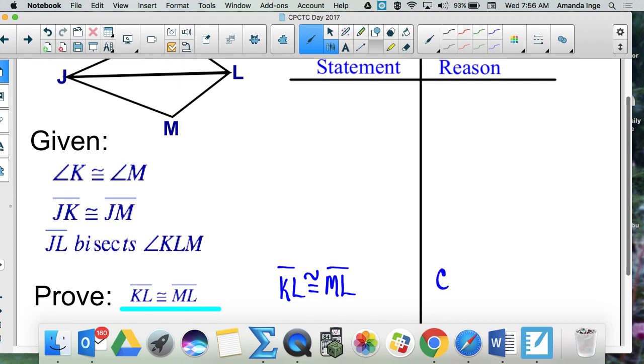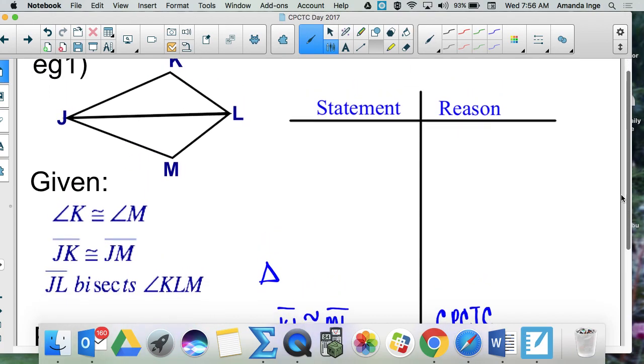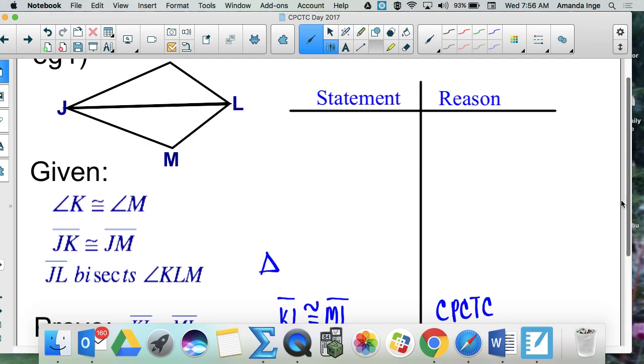The only way to do that is to first show, and we're proving it with corresponding parts of congruent triangles are congruent, but first we have to show that triangle JKL is congruent to triangle JML. We have to prove the triangles are congruent first before we can use corresponding parts of congruent triangles.